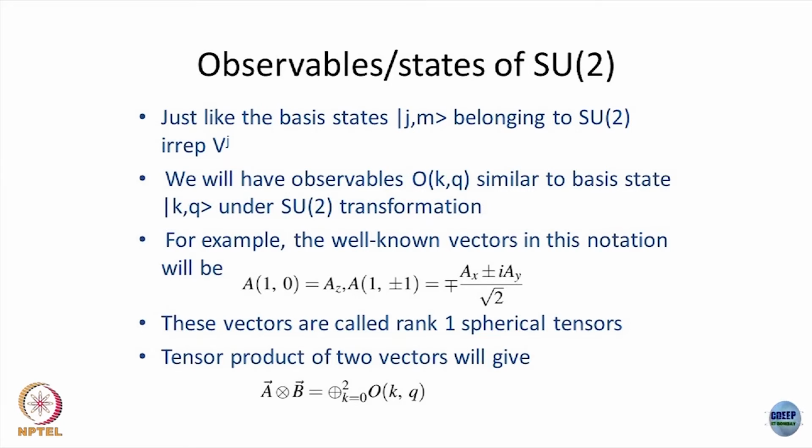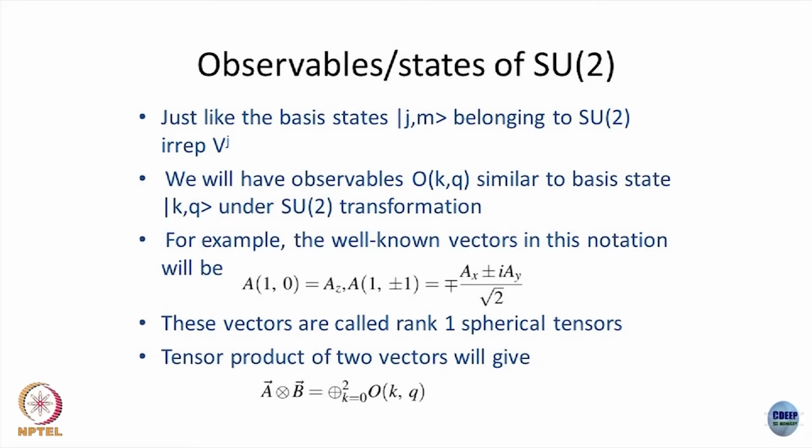There is a slight modification, writing it similar to your spherical harmonics, which you might have seen, that you rewrite things so that they are like complex conjugates of each other. The z component is like j equal to 1, spin 1, but the magnetic quantum number 0 is associated with the z component of the vector. For the other components Ax and Ay, you take a linear combination of Ax plus or minus i Ay.